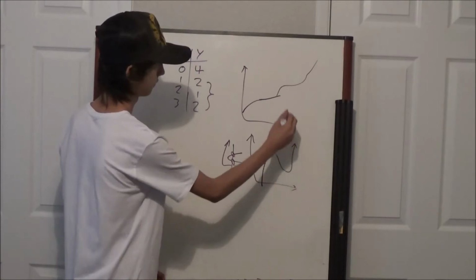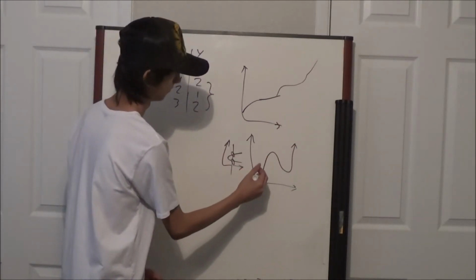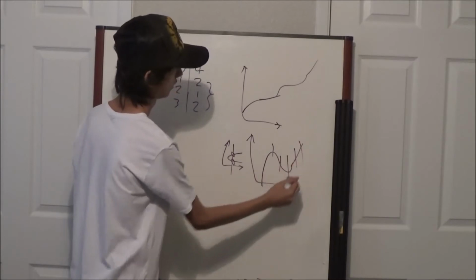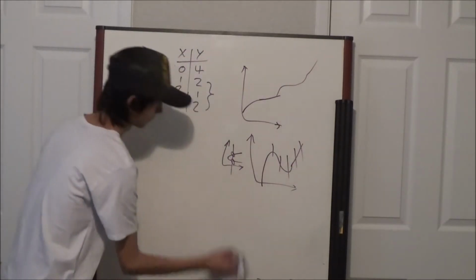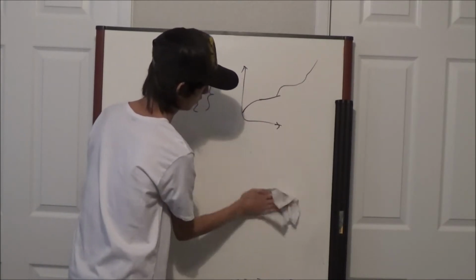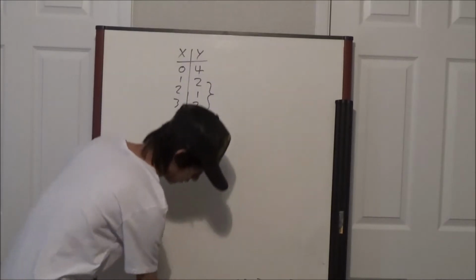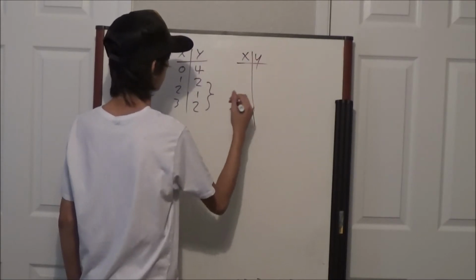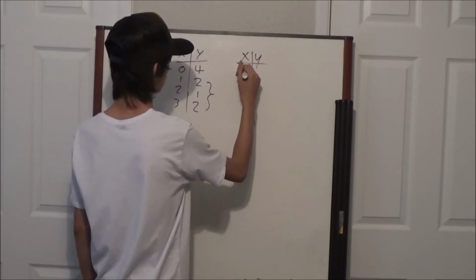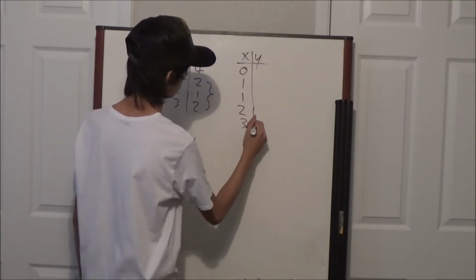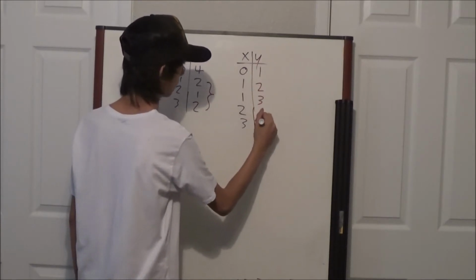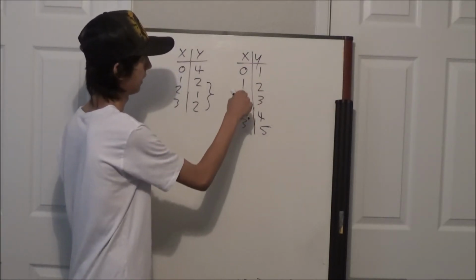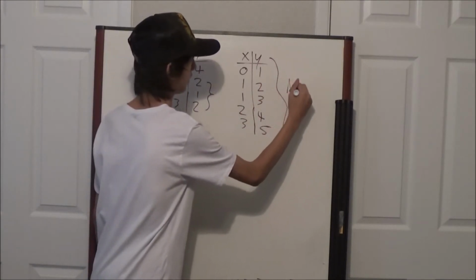Every x value has to have a unique amount of, this is not diagonal enough, but you know what I mean. Okay. So, like I said, I'm going to write this again here. If you have, for some reason, two different y values for the same x, this is not a function.